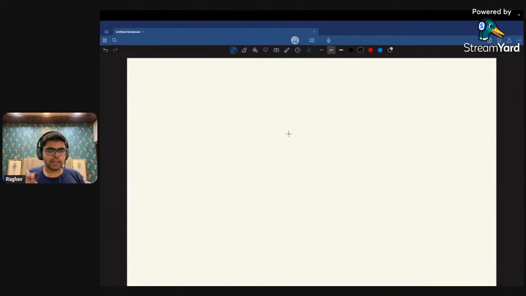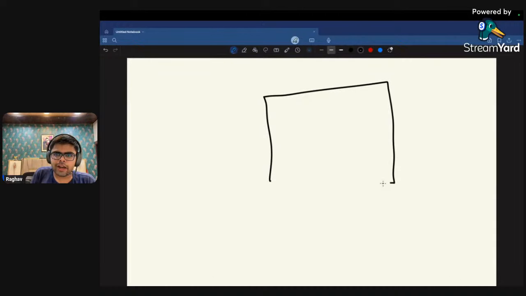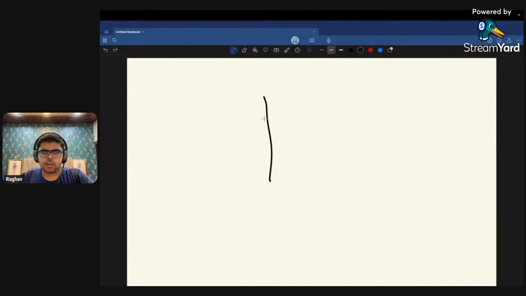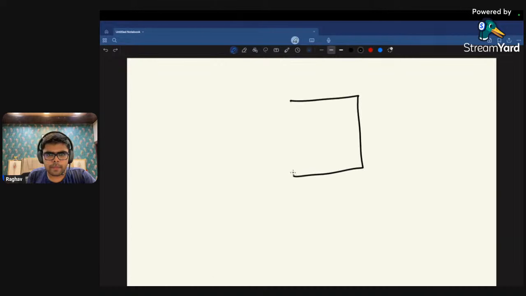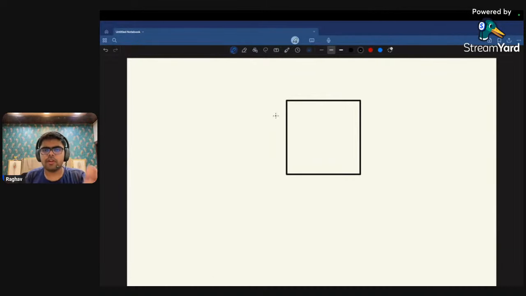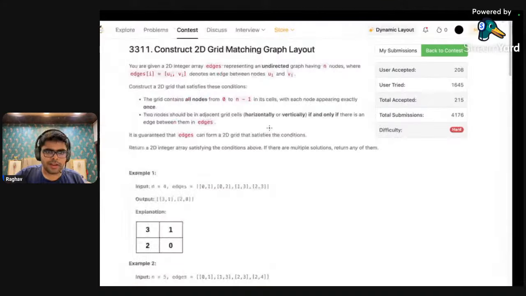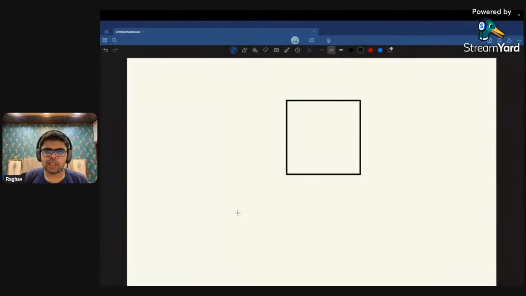So we can use this information that whatever list of edges we have been given can actually form a grid. This is something we are being told.